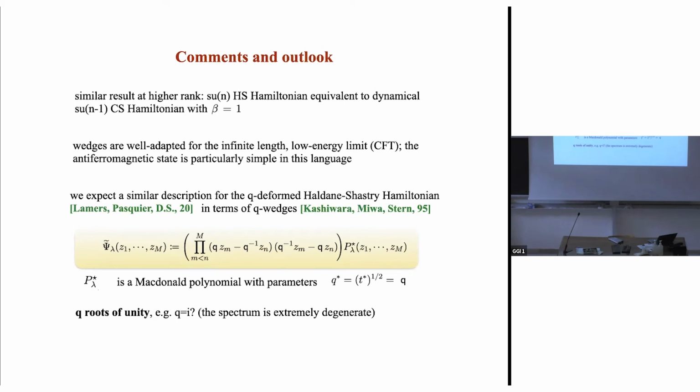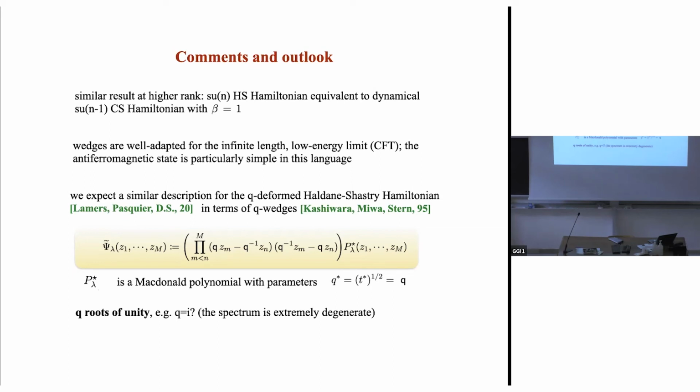And we would like to apply the same type of method to a model that we have studied with Jules and Vincent recently, where almost everything that I discussed here goes through.